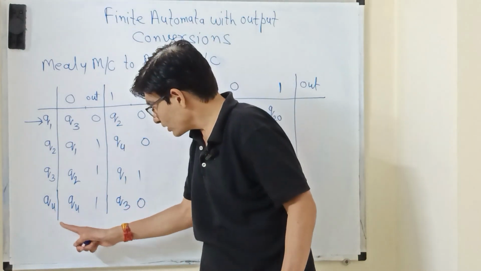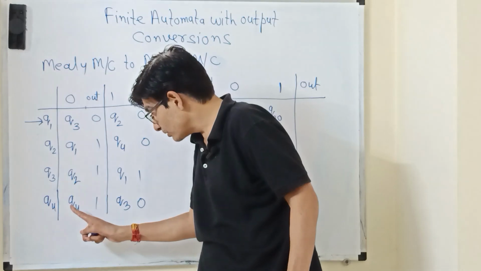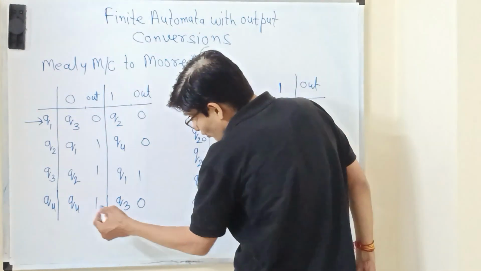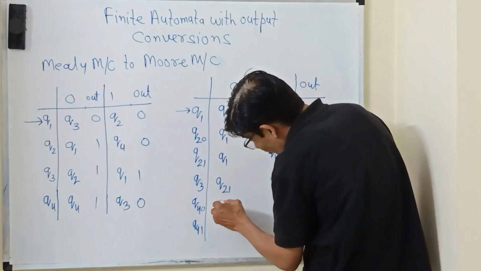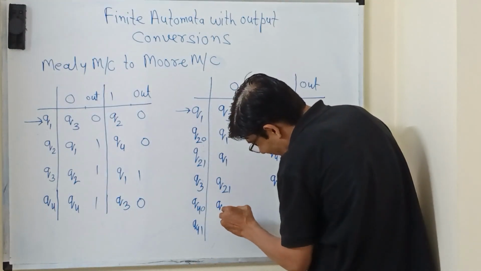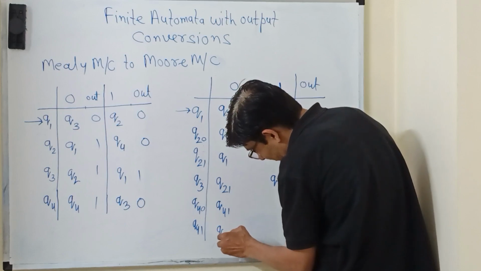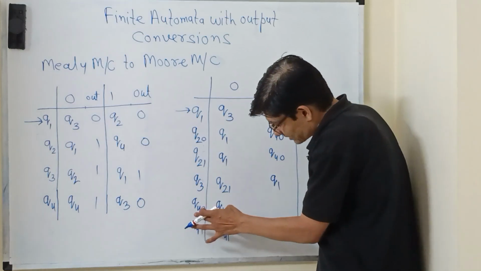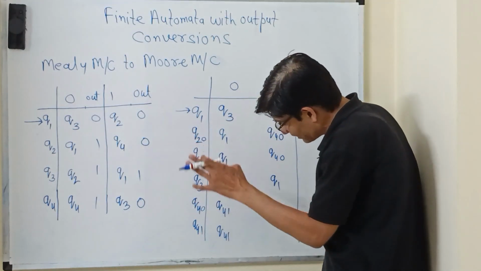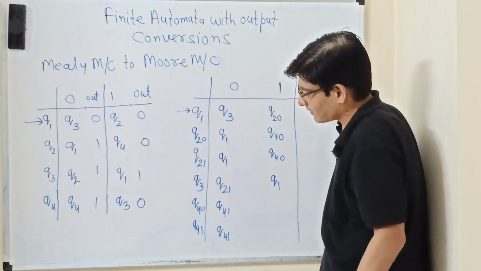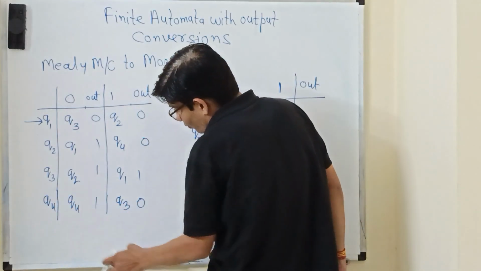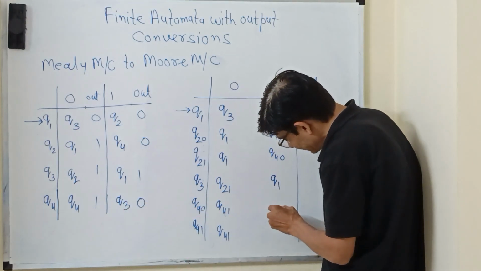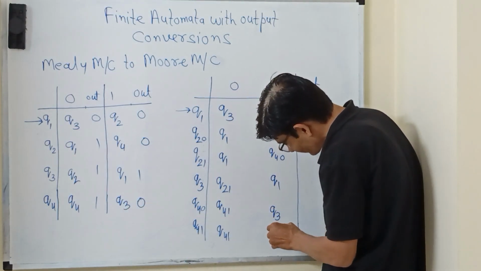Now on q4, if I'm getting 0, I'm staying on q4 itself. But which q4? We are staying on q4 with 1 output. For both the states q4 0 and q4 1, we will write the same transition here. Now on q4, if I'm getting 1, I will move to q3. So again I can write here q3.